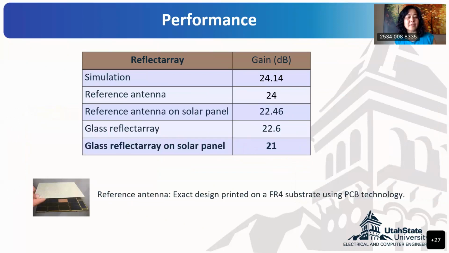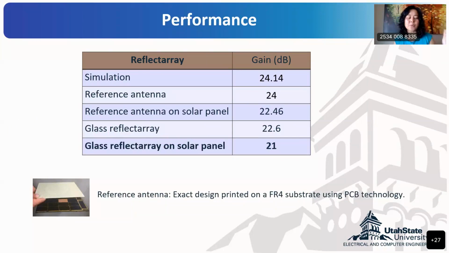Now, here are some results on the gain reduction due to the solar panel for the reflectarray. We found the gain reduction is actually a bit better than at the element level, mainly because this one we are testing at X-band.